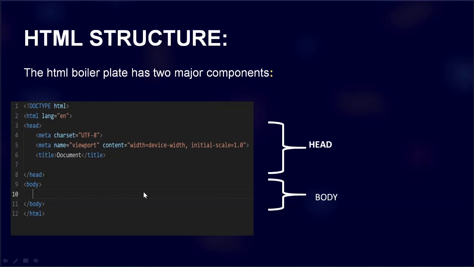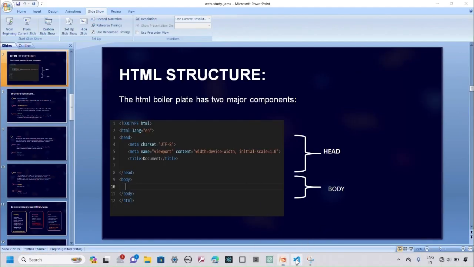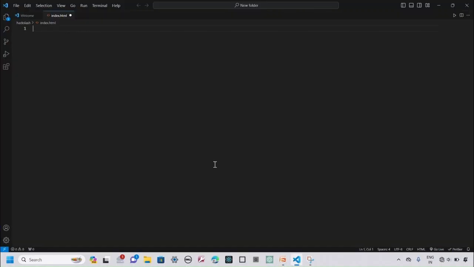Now to understand it better, let's implement it practically on our IDE and understand what each and every line here means. Now that we have come to our IDE, this is the Visual Studio Code that I am using here.